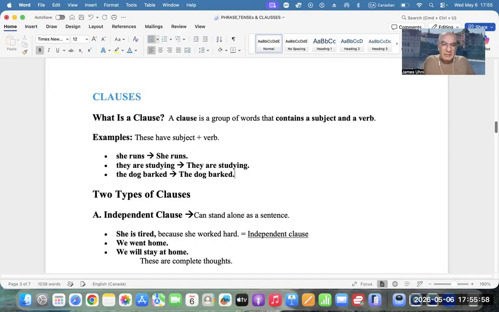And it's a complete sentence. Only over here, this is a clause. But clause, watch out, is part of the sentence. Okay? Only because I wrote it as a sentence, that is just an example of independent clause.